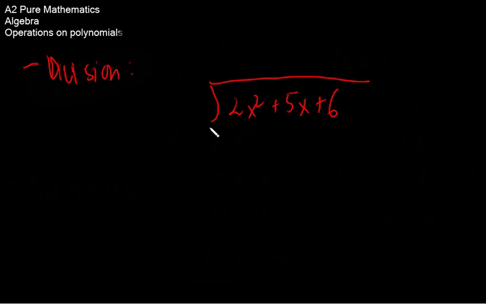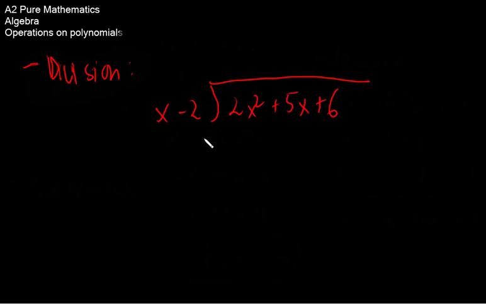So now we'll do a division. It's fairly simple. Let's just say we have another polynomial, 2x squared plus 5x plus 6, and we need to divide it by, say, x minus 2.